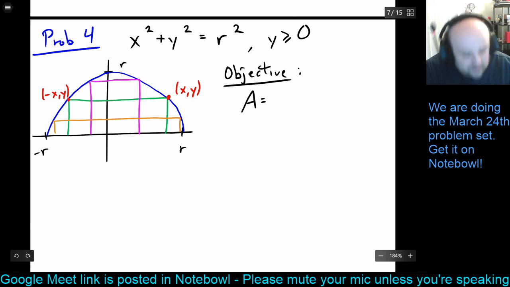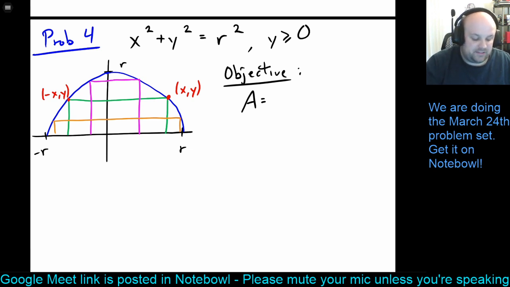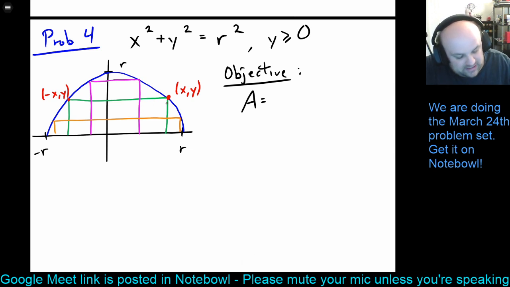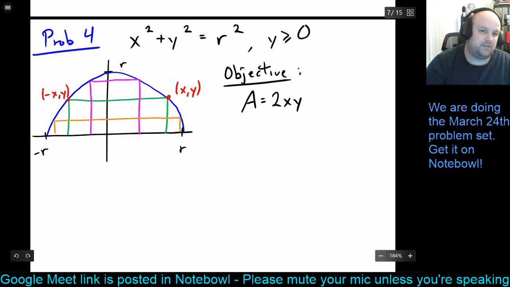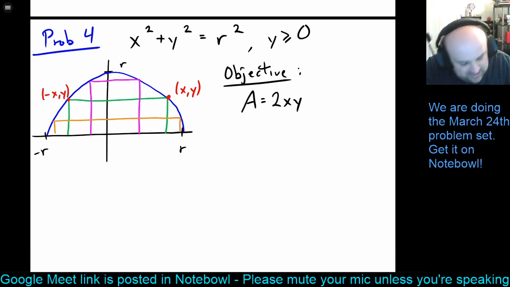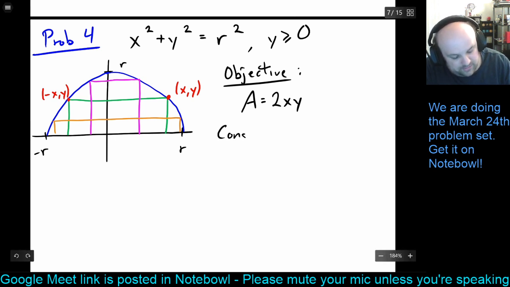To figure out the area of this rectangle, if I go x in this direction and I know I have to go x in the other direction, the area is just 2xy. This half of it is x, this other half is x again, and the height is y. So that's the objective.